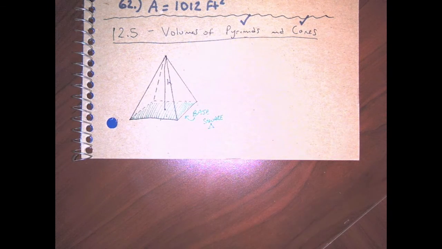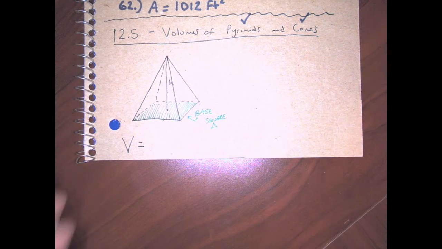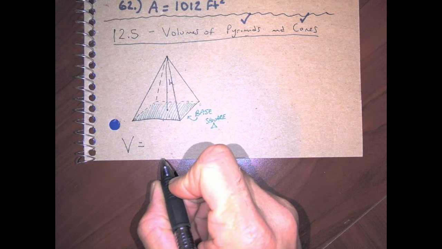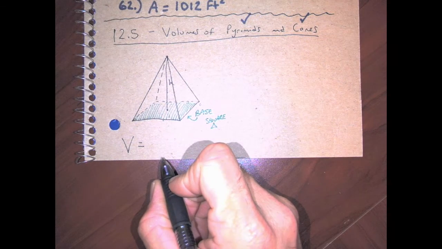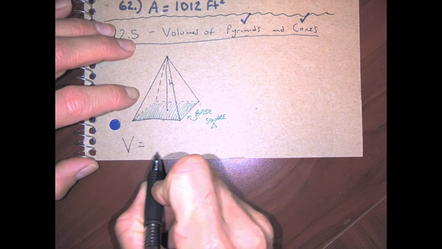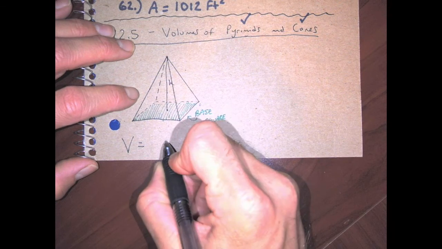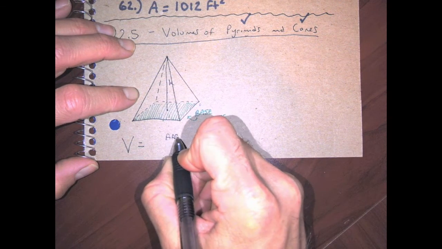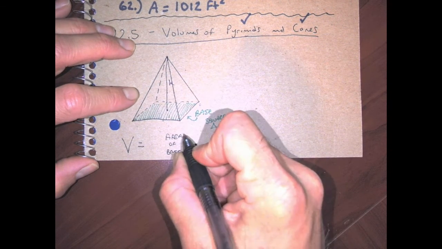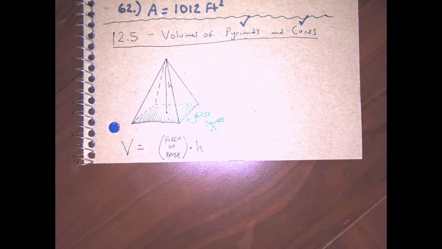But that's the base. All right, let's talk about volume, everybody. The volume of a pyramid is very similar to the volume of a prism and the volume of a cylinder, which is what I taught on Monday. I'd like you to leave a little space right after the equals. It's going to be the area of the base, in this case a square, times the height.